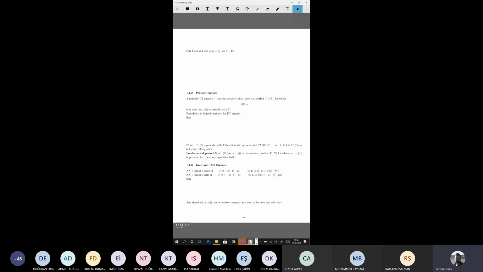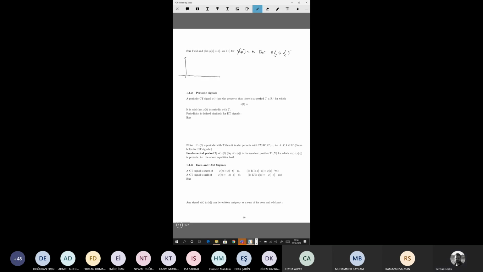Now I have a discrete example. Find and plot y of n, which is equal to x of minus 2n plus 1, for x of n, let's say, for 0 smaller than or equal to n smaller than or equal to 5. Okay, so first I will plot x of n.